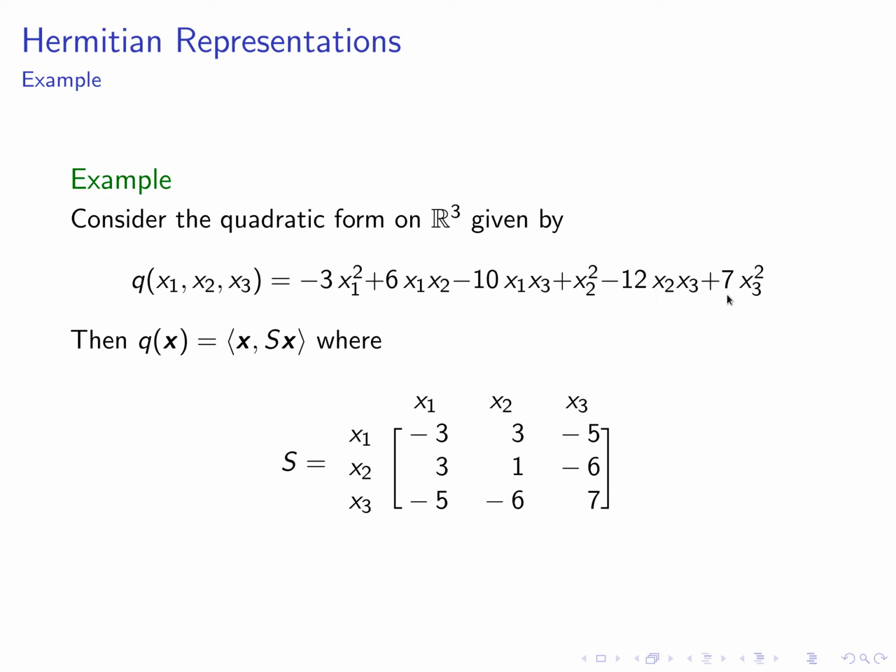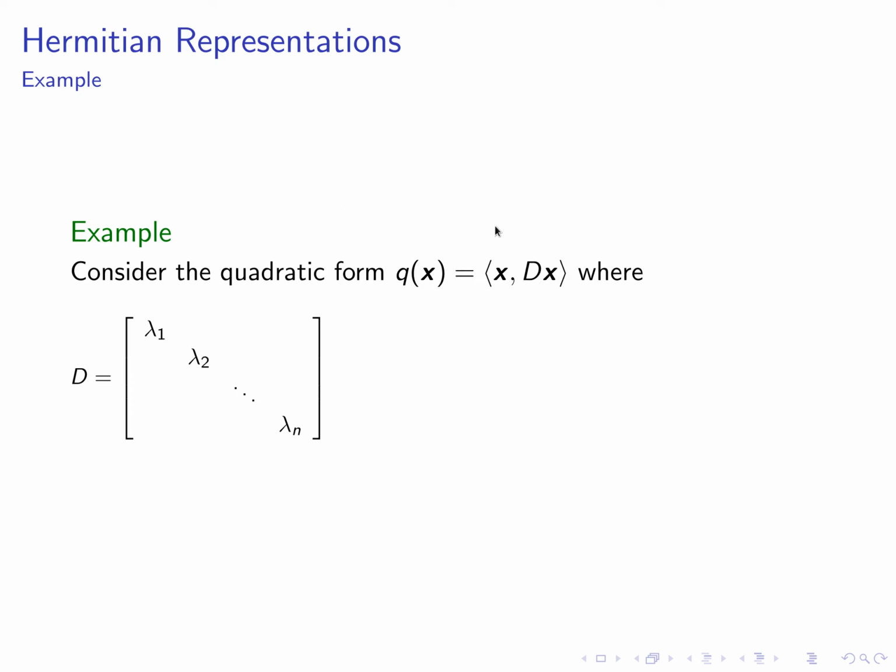We've located that coefficient in the quadratic form, and we've appropriately placed it in our 3 by 3 matrix. Now that we're done filling in the 9 entries of this matrix, we again see that this is an example of a 3 by 3 real symmetric matrix, and therefore this is a Hermitian matrix, so the spectral theorem would apply, for example.